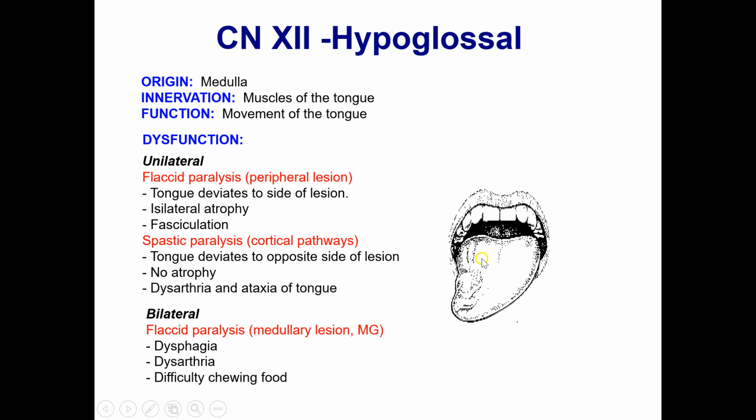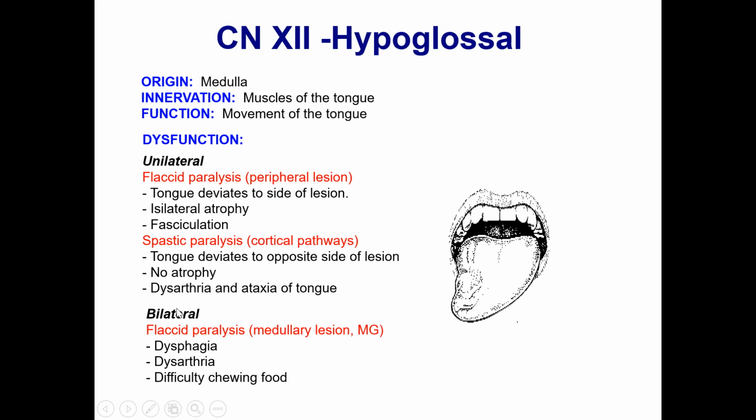As you can see here, lower motor neuron tongue deviates toward the side of the atrophied tongue muscles. Here, muscles are also atrophied. You can see here, and tongue deviates toward that side. The spastic paralysis is not shown here, but the tongue deviates to opposite side of the lesion, and there's no atrophy or dysarthria, and ataxia of tongue can be present.